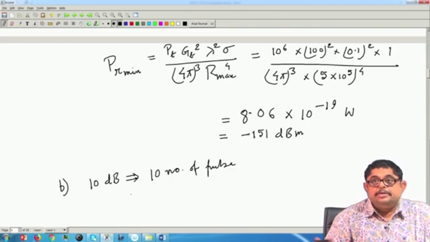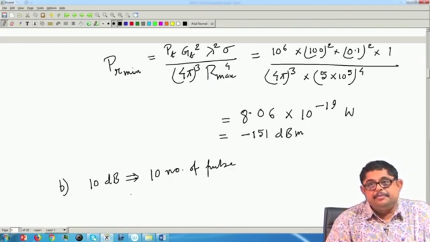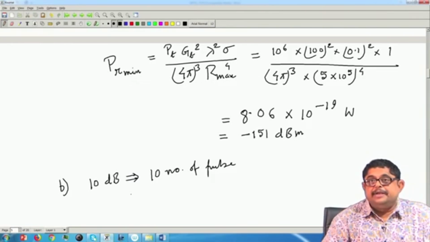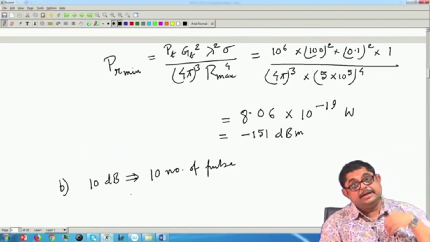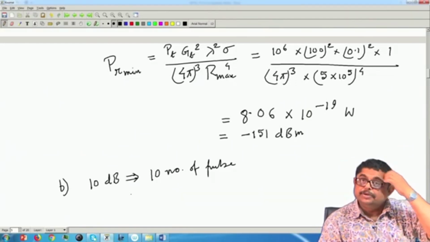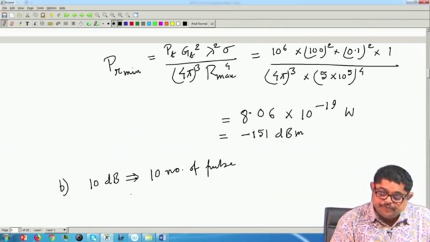We know that noise power won't change by integration, because noise is a random signal. So, if you add 10 such noise powers it won't change, whereas a deterministic signal, if you add 10 times, will be 10 times added.